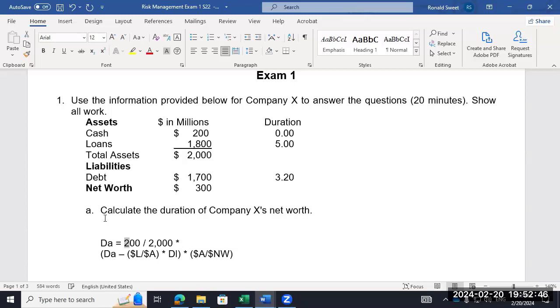Times 0. So you can't ignore that piece if you want to, because you're just going to get 0 there. Then what? Say it out loud. Times 5. All right. So that's going to be your duration assets. You'll put that into the formula and you'll calculate it out.